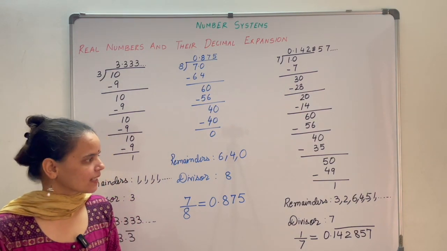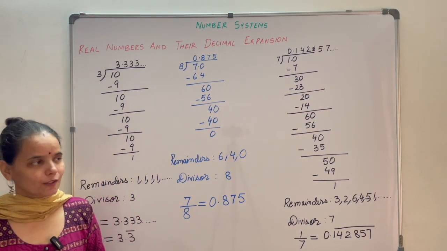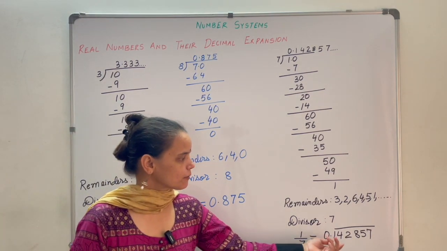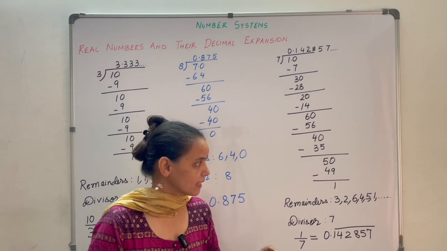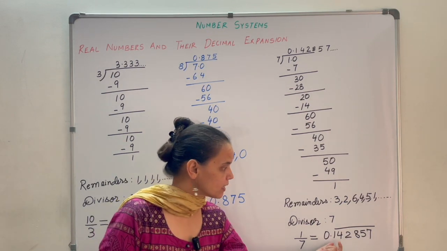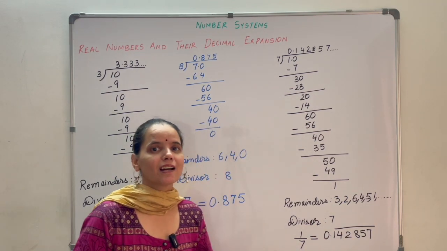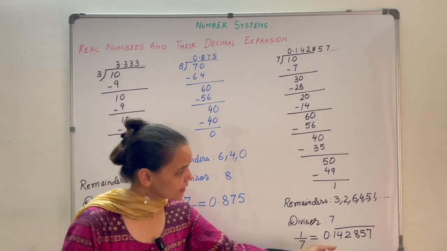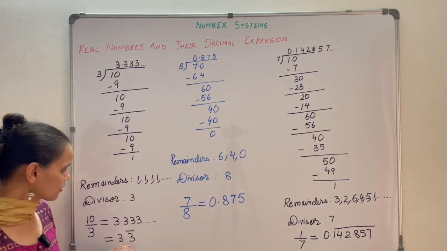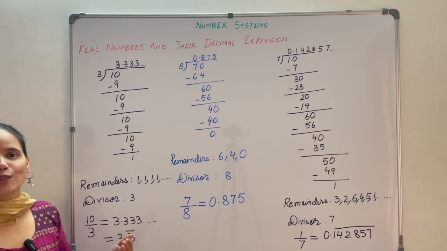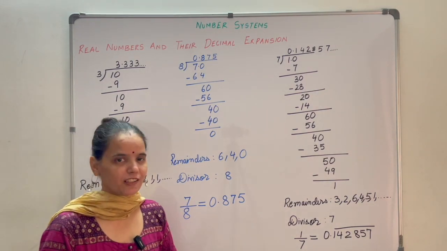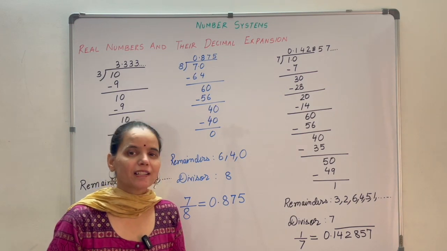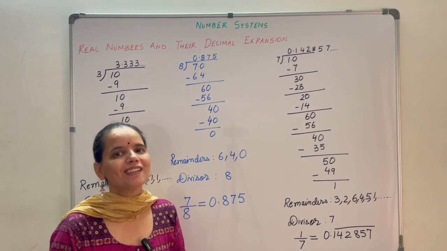In the second case, when the remainder is not 0, the decimal expansion of the rational number is non-terminating, repeating. These sets of numbers will not terminate, they will keep on repeating. Here also this 3 is going to repeat. So in the second case, the decimal expansion is non-terminating, repeating, or you can use the word recurring.